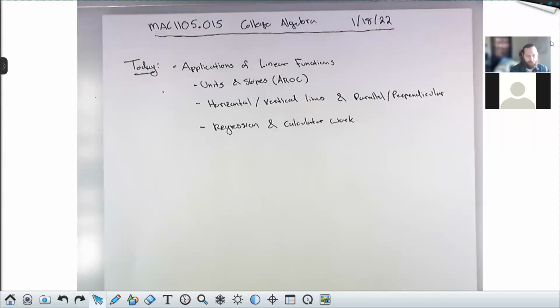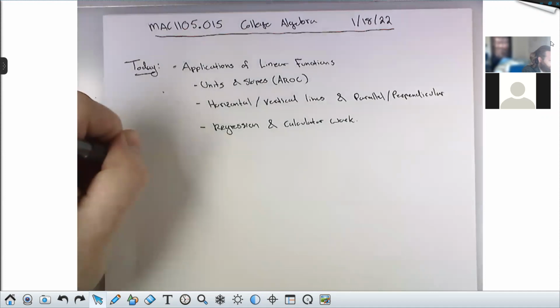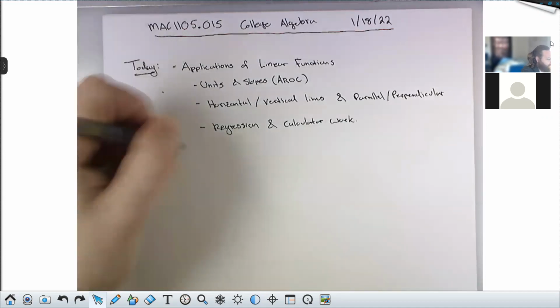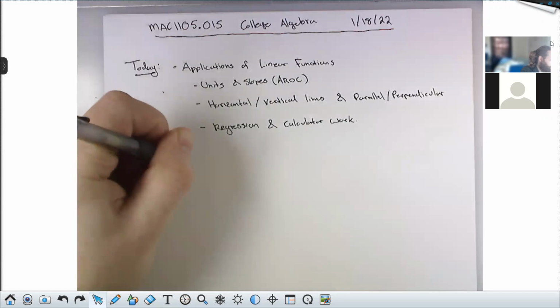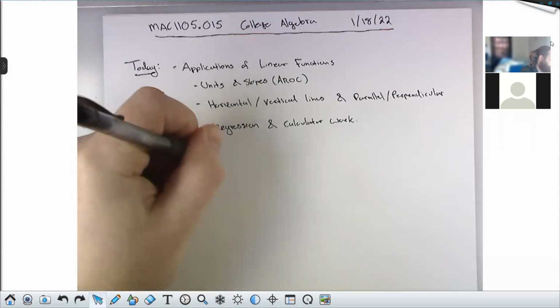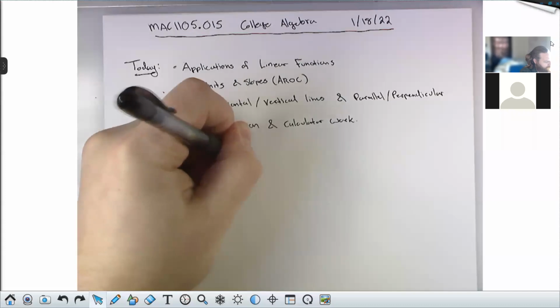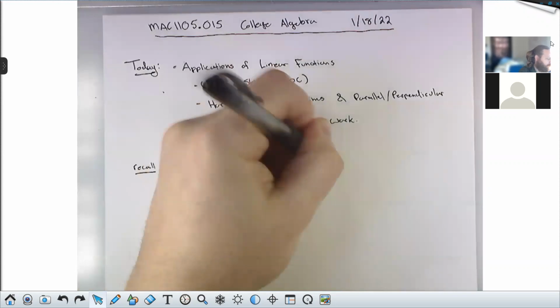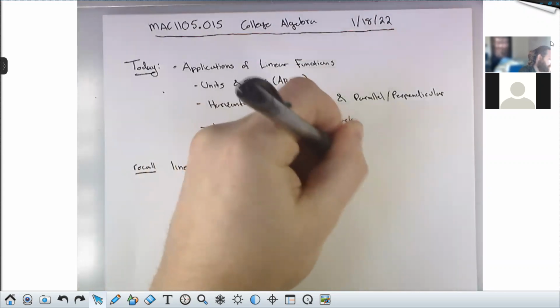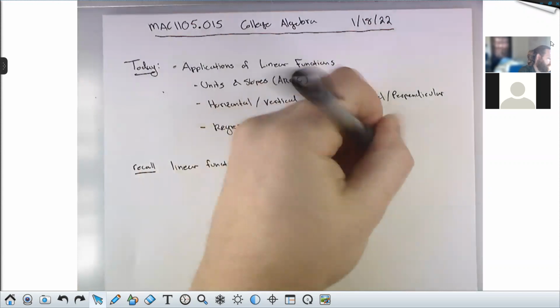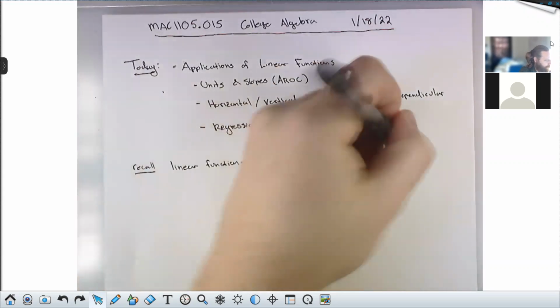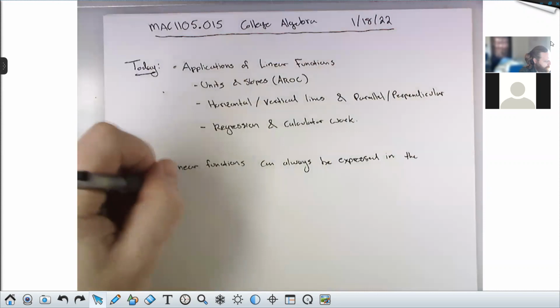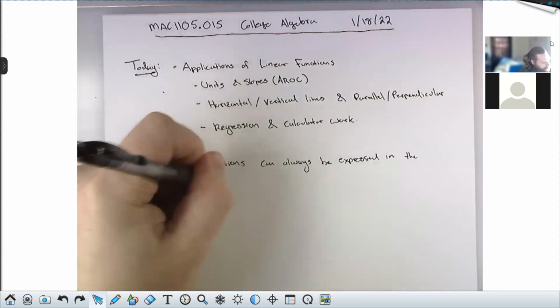Let me just remind you of some of the recipes that we're going to need here. Recall, linear functions can always be expressed in the form f of x equals mx plus b.